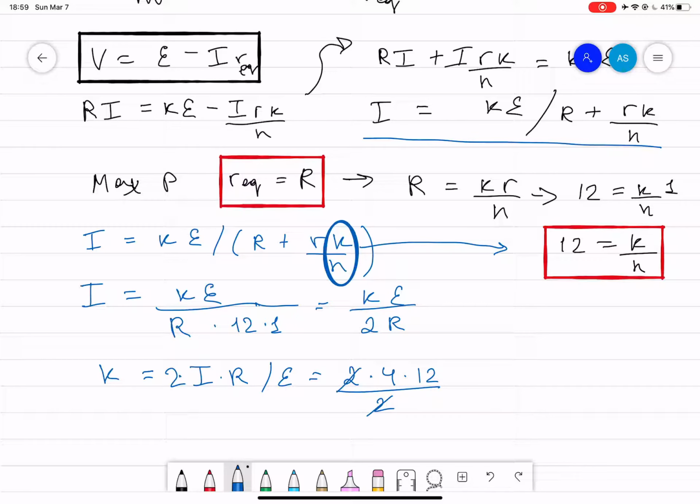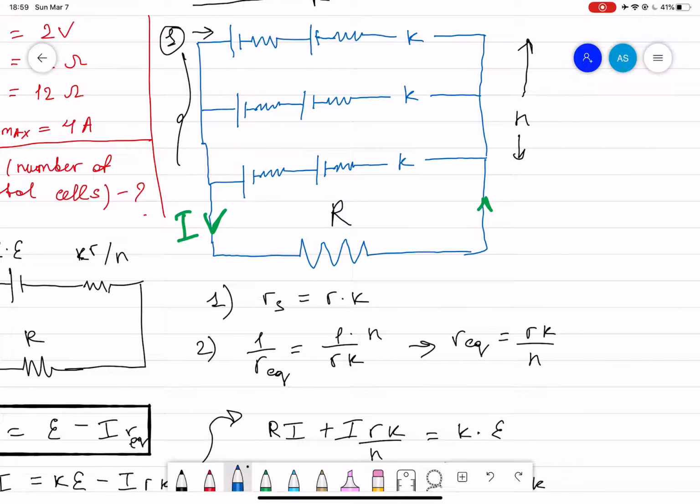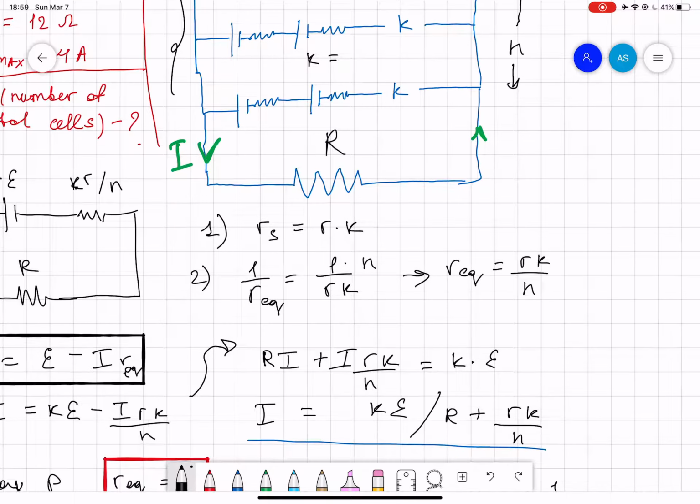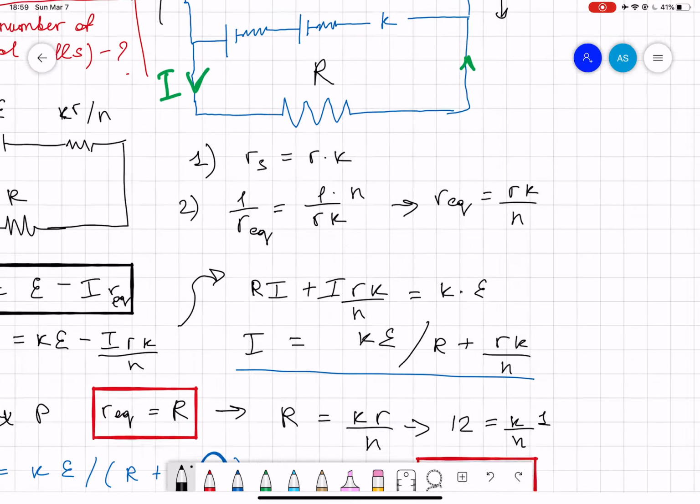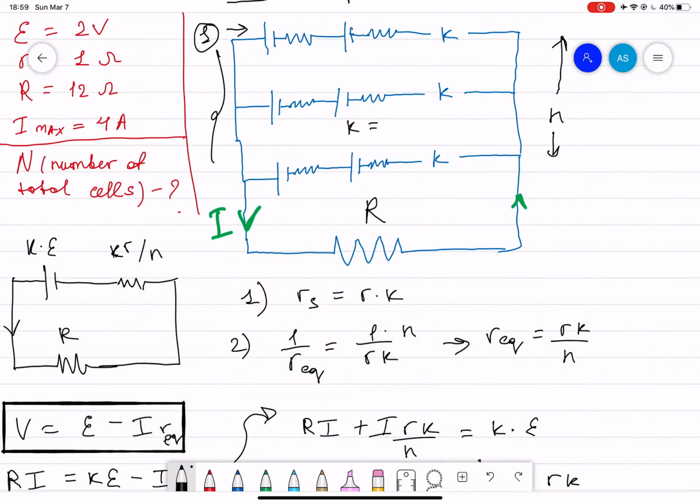So this 2 cancels, and we get 48 for K. So far we got that in this whole thing, with K in series, we have 48. So we have 48 cells just in this one row.